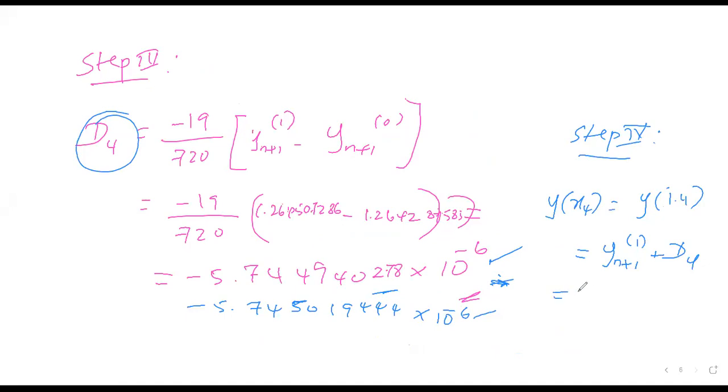So this may be something like 1.264507286 minus 5 times 744940278 times 10 to the power minus 6.